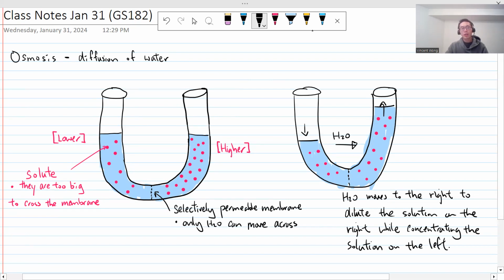And this will continue to happen until the concentration balances out. Remember, the red dots did not move. It's only the water that moves.